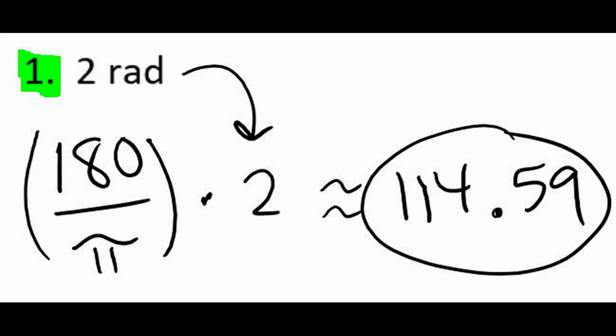I did 360 divided by pi in my calculator, and that's how I came up with 114.59. They wanted us to round this to the hundredths. I don't remember what was after the 5, if it was an 8 or a 9, but that's what it ended up rounding to. So make sure when you're rounding, you're getting the exact same answer as me, okay?